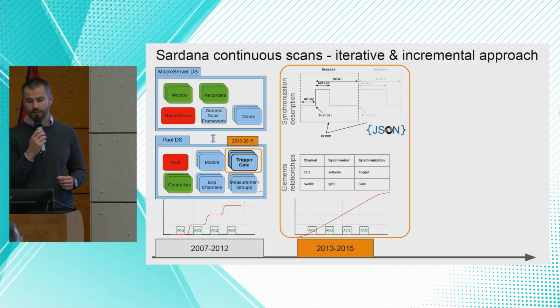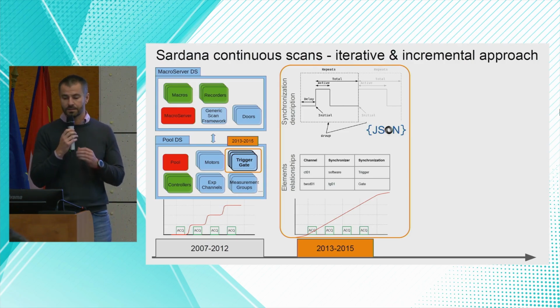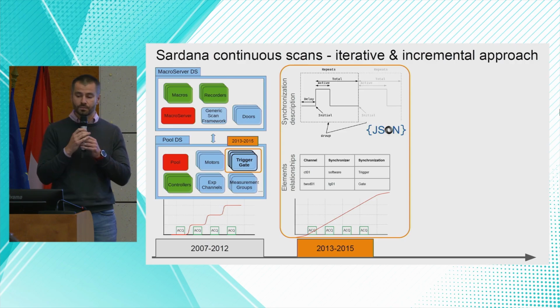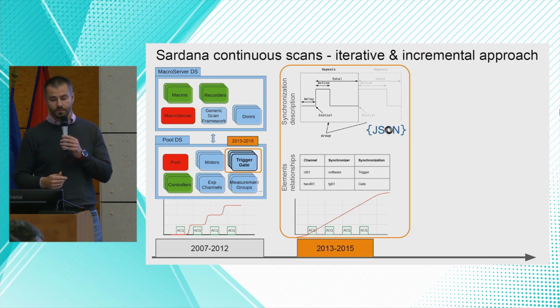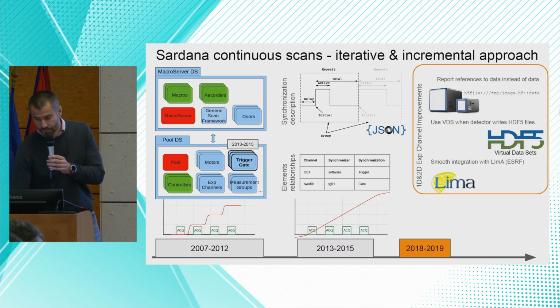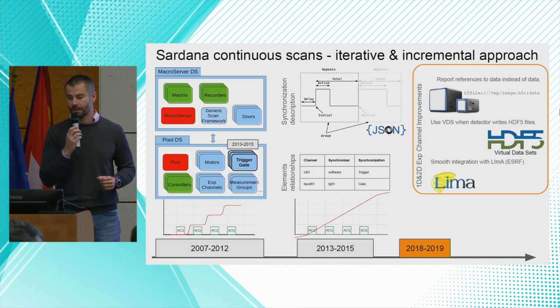We call it trigger gate. We established relationships between the synchronizers and the experimental channels, and the central point of this design was the synchronization description, which at that time was unique for the whole scan. Then we focused on improving integration of detectors by allowing to report references to data instead of data itself.